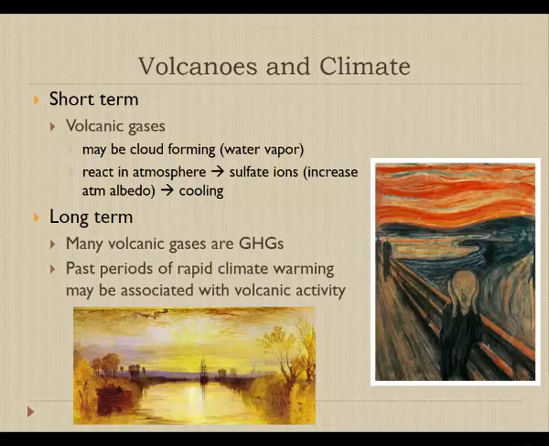So I have two pictures on here that are famous paintings that you might recognize. And both of these paintings were associated with big famous volcanic eruptions. In this case, eruptions of a volcano called Krakatoa in Indonesia that occurred in the late 1800s.